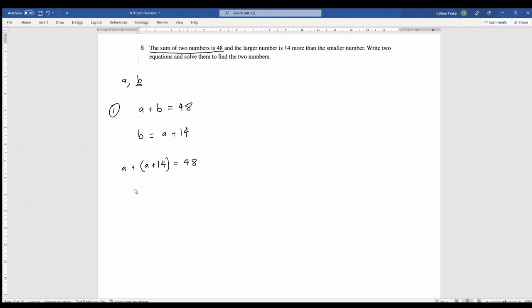So we have a plus a, which is 2a, plus 14 is equal to 48. I can subtract 14 from both sides, so that gives me 2a is equal to 34. And then finally, when I divide by 2, that tells me that a equals 17. And that is how you would solve question 5.